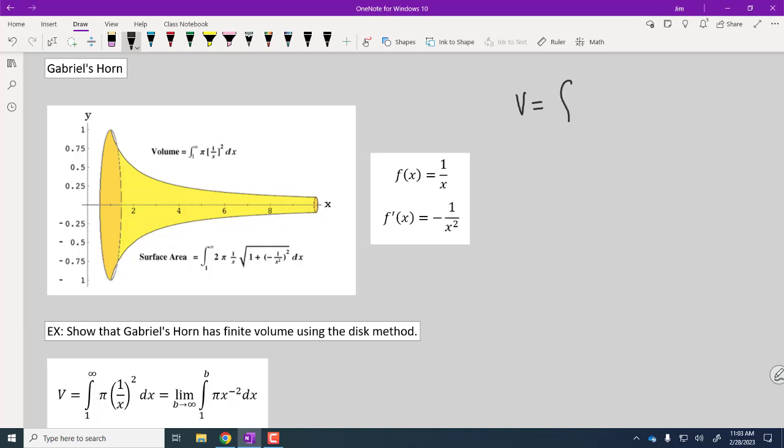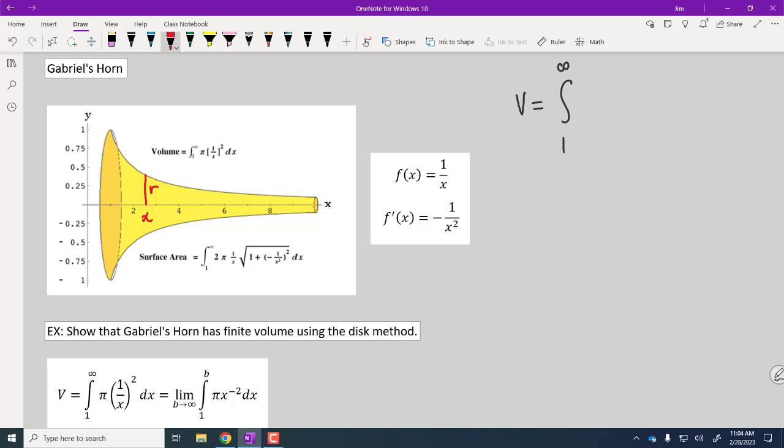So this is going to be the integral from 0 to infinity. Excuse me, 1 to infinity. We're going to start at 1. If we're going to find the volume of the horn, we're going to use the disk method. We imagine a vertical element right there at x. The radius of the disk is right there. So we're imagining this disk. I don't want to draw it, it'll get messy.